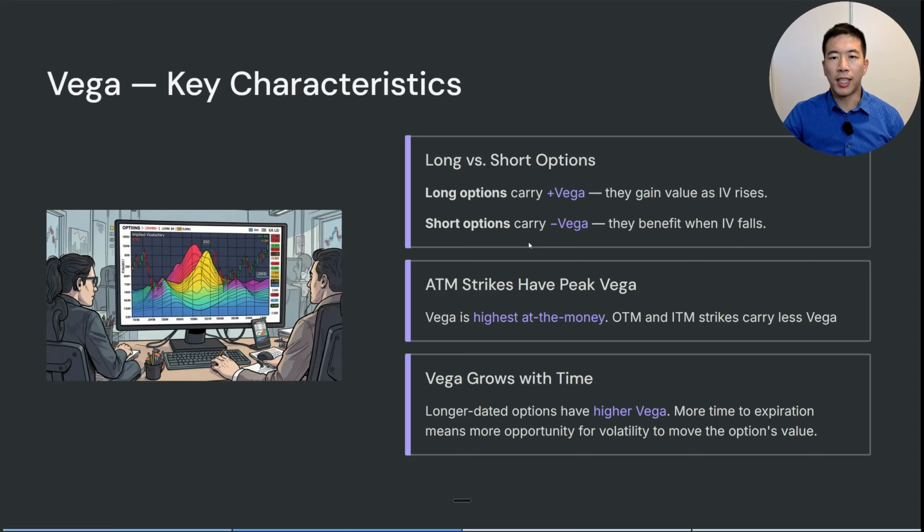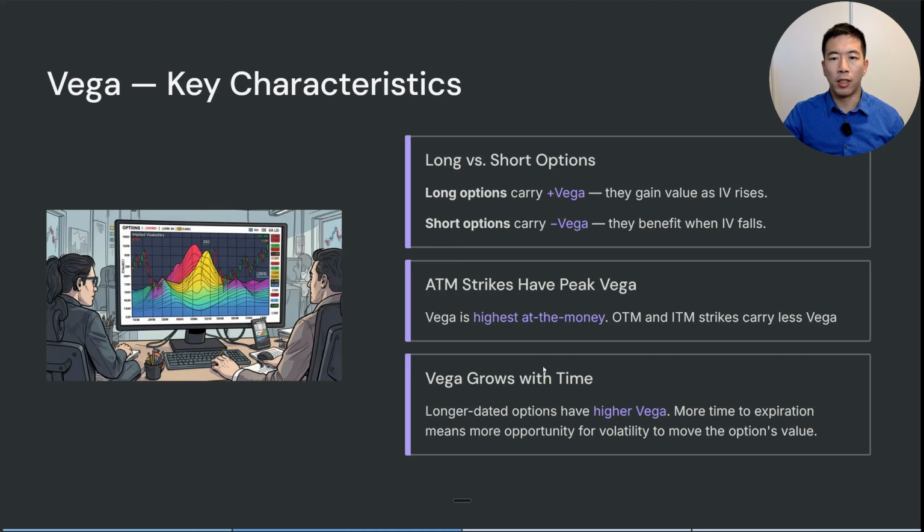The second thing we need to know about Vega is that at the money strikes have higher Vega. As we go out along the option chain, the out of the money side and in the money side, those strikes carry less Vega. I'll show you an example of that in Tasty Trade in a little bit when we look at the option chain.